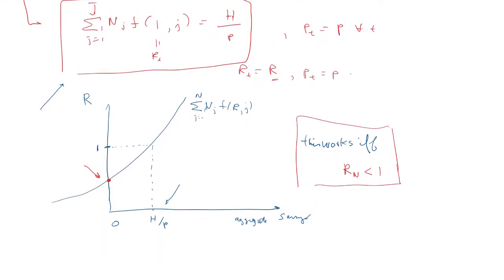And the condition for a monetary equilibrium to exist, I call that R sub n for non-monetary. The condition for a monetary equilibrium to exist is that the stationary non-monetary equilibrium interest rate, gross interest rate, is strictly less than 1.